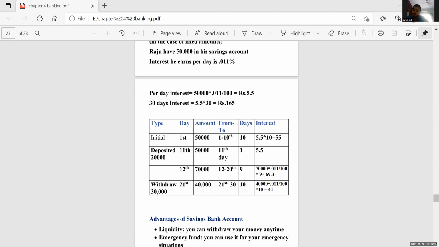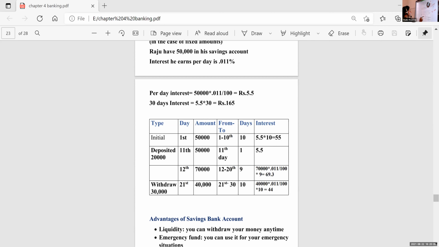Lowest. So which is the lowest amount? 50,000. Right. Okay, so 50,000 was there. I deposited 20,000, so my balance became 70,000. So what is the lowest balance? The lowest balance is 50,000.